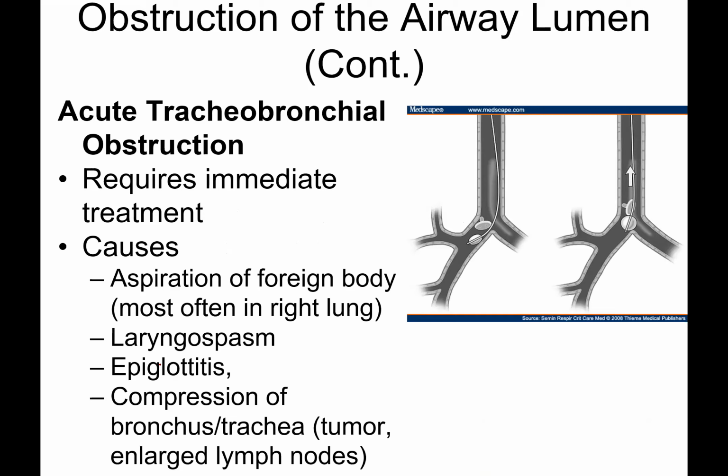Okay, obstruction, right? So you get some sort of foreign object that is stuck in the trachea. Historically speaking, if you're going to get something stuck, it does like to favor the right primary bronchi, because the right primary bronchi is more vertical.